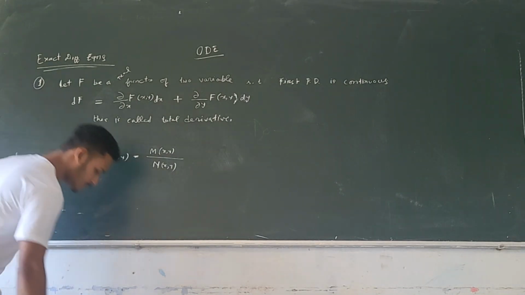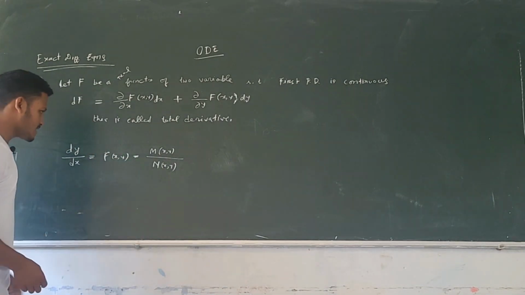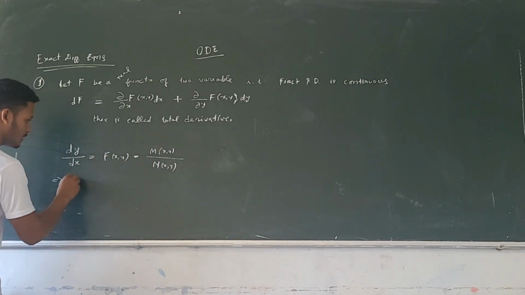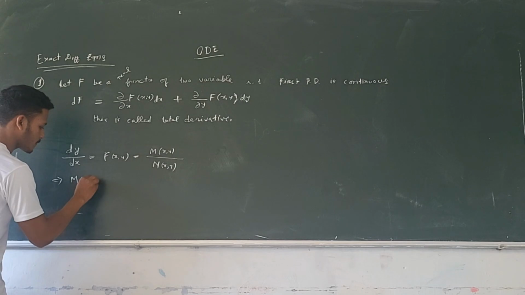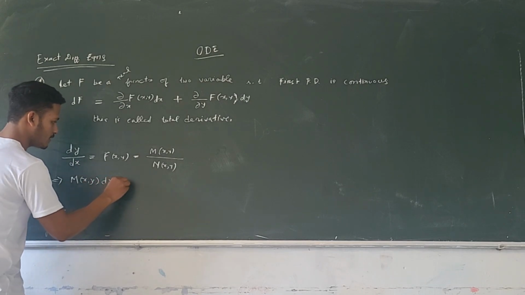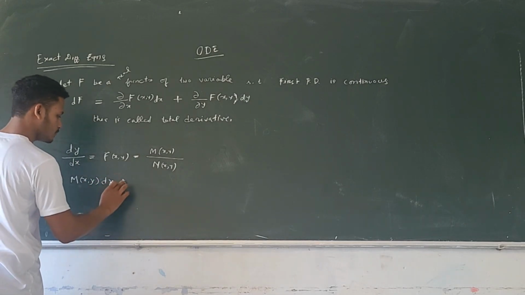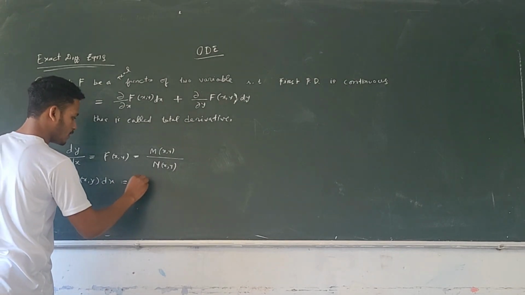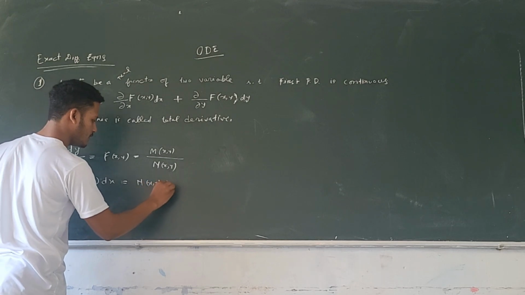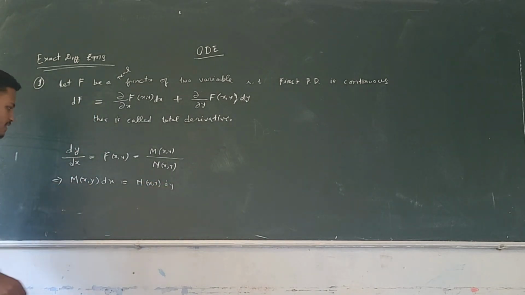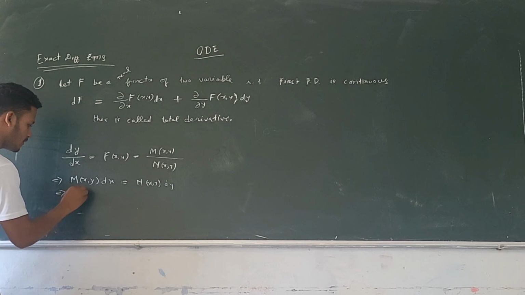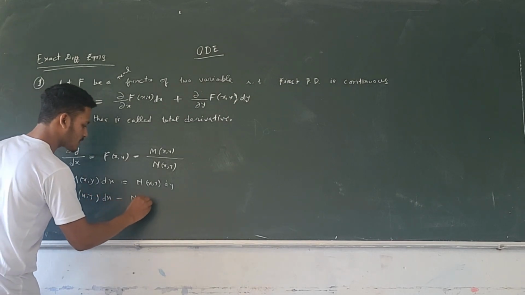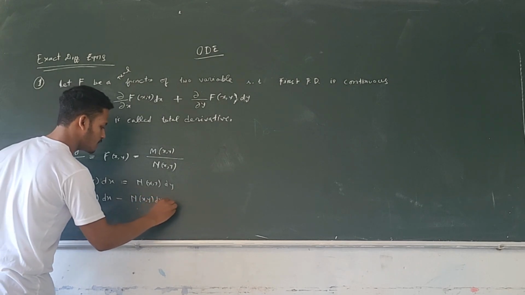Now the other way is to multiply this out. Multiply this M of x, y with dx, and this is equal to N of x, y dy. So you can write M of x, y dx minus N of x, y dy is equal to 0.